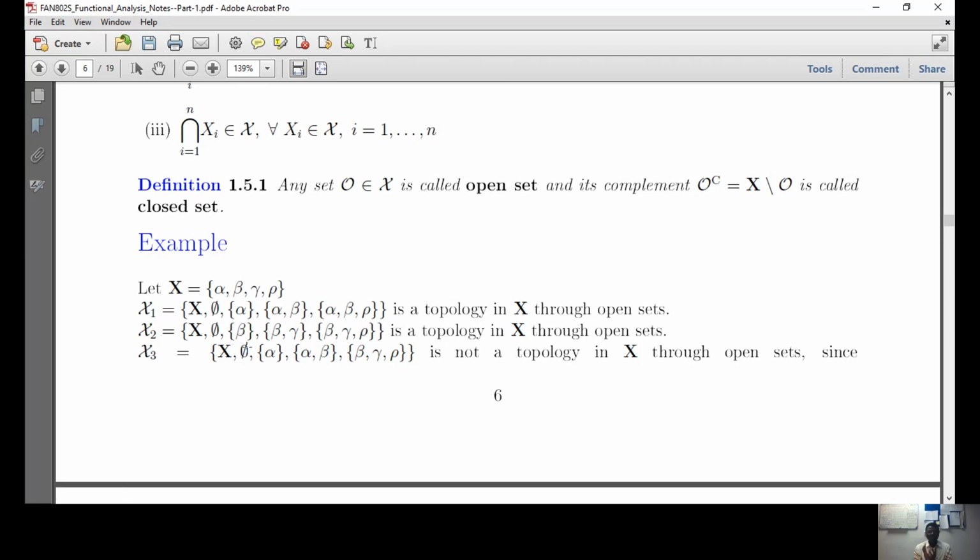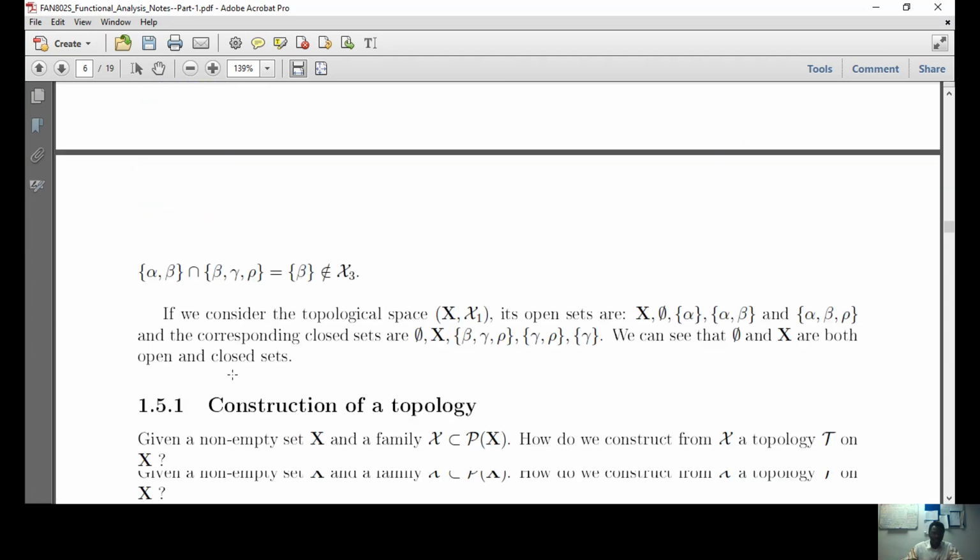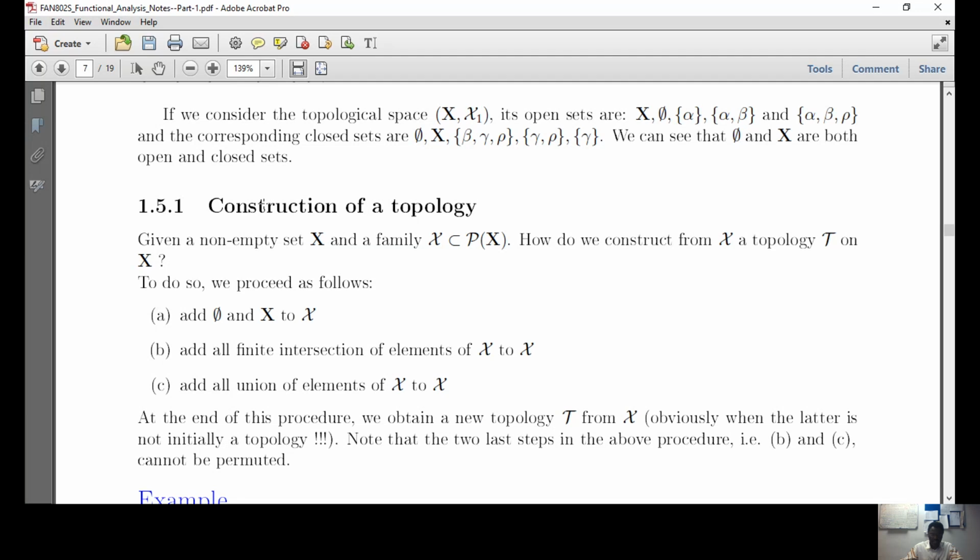So for an arbitrary family of subsets of a set X, the underlying set, which is not a topology in X through open sets, we can always construct a topology from it. And this construction is simple. It gives us the algorithm or the steps to reach that goal.